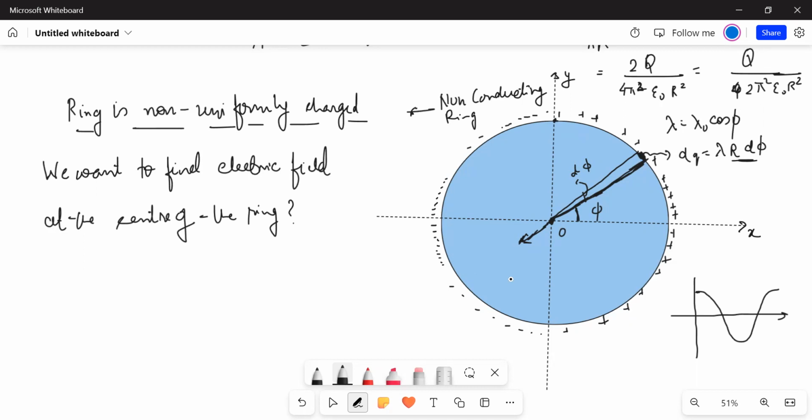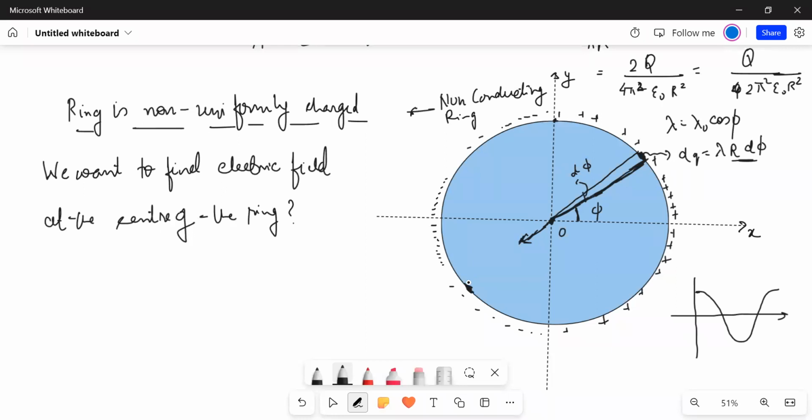Sir. Okay, good enough. And what will happen if I think about diametrically opposite corners? If I take a diametrically opposite corner here, because here there is a negative charge, it will also attract in this direction, isn't it?